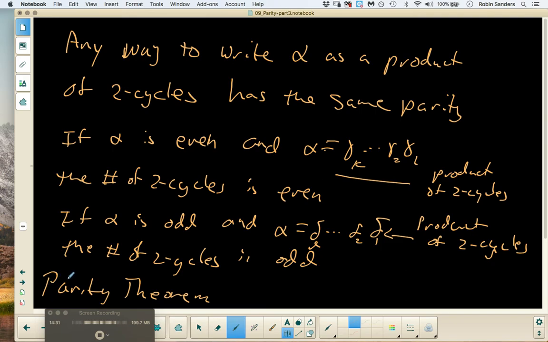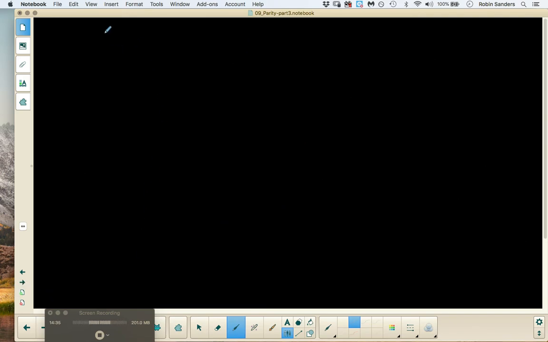And just to state the parity theorem more carefully, the parity theorem basically says the following. So the parity theorem can be cleaned up as follows.